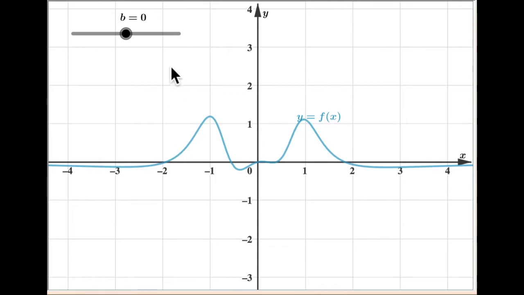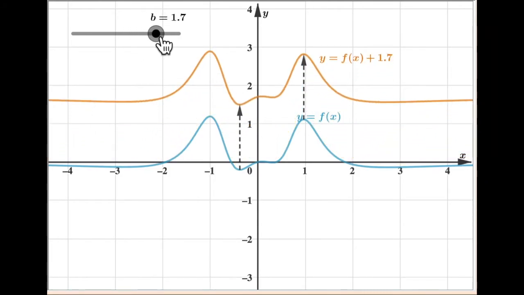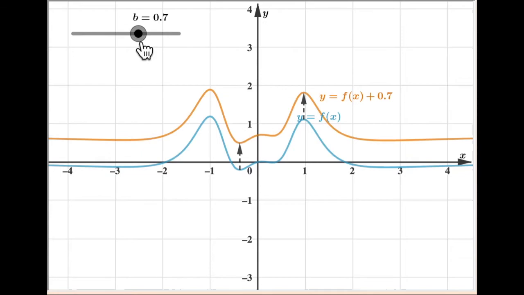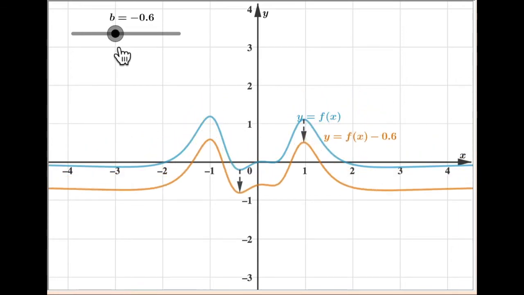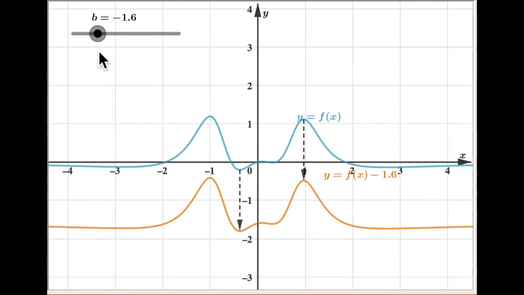Again, similarly, we can look at this visualizer. As we're increasing the value of b, we're just moving the function by that much up or down. So if it's 1.7, it's moved that function from the point where it originally was 1.7 coordinates upwards, and same if we move it 1.6 downwards.